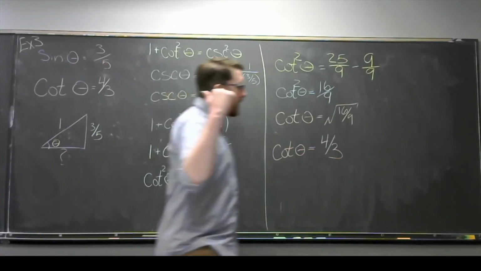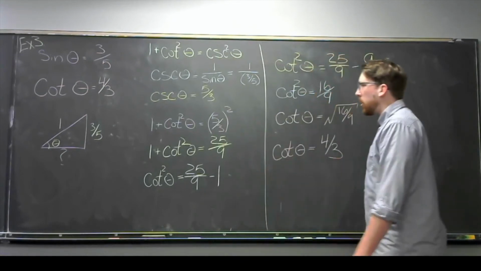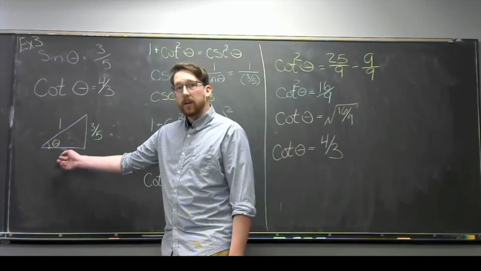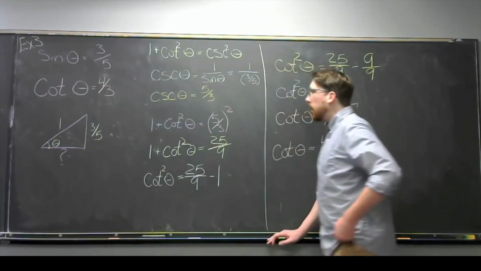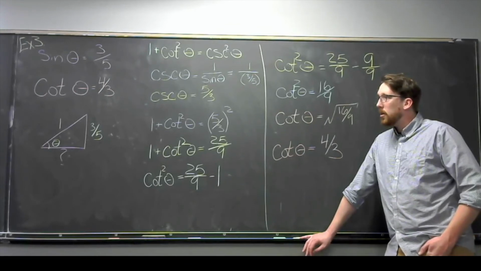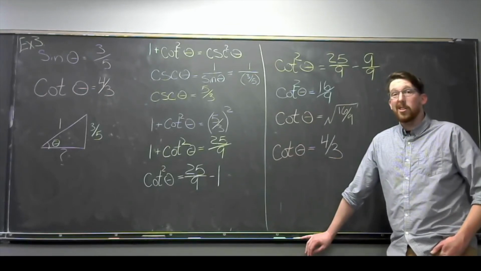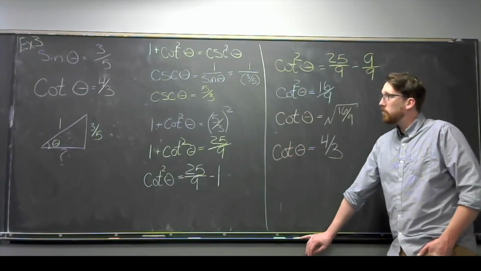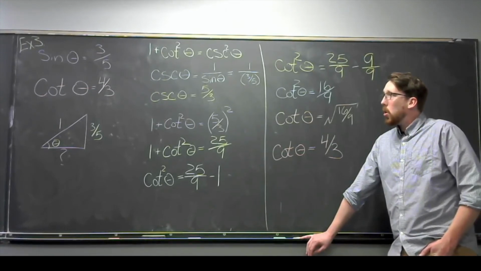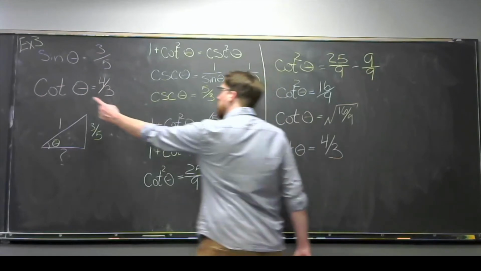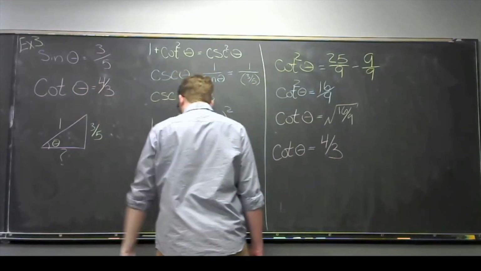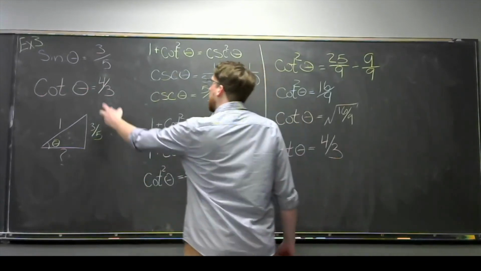But that still leaves this last problem. How are we going to find this adjacent length? Well, we could use the Pythagorean theorem. Or we could use what we just found. Cotangent theta is equal to 4 over 3. I say let's use this.